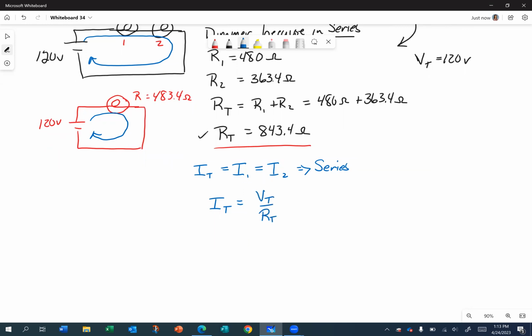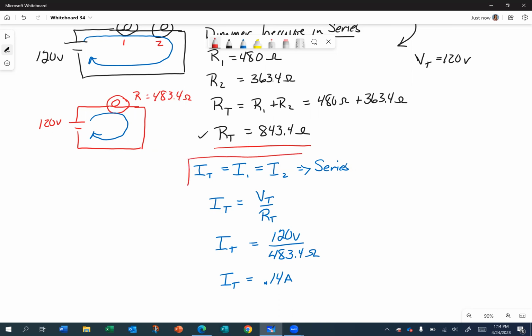So remember when you use Ohm's law that each of the subscripts must be the same. So I total is going to be 120 volts divided by the total resistance. That gives you a total current equal to 0.14 amps. That will be the current through both of those.